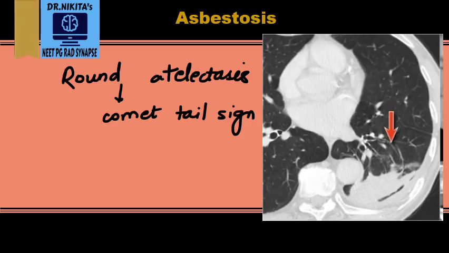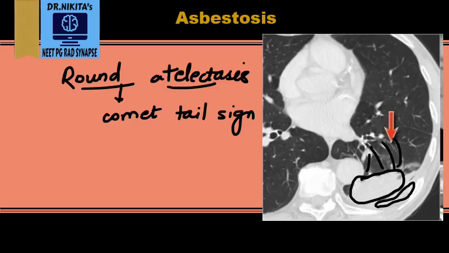Why do we see that? The features of round atelectasis are, you will see an area of pleural thickening as you see here. This pleural thickening causes shrinking or atelectasis of the adjacent lung. So this is the area of the round atelectasis of the lung. Atelectasis causes pulling of these vessels towards it.